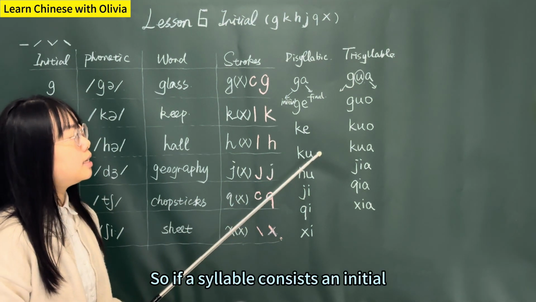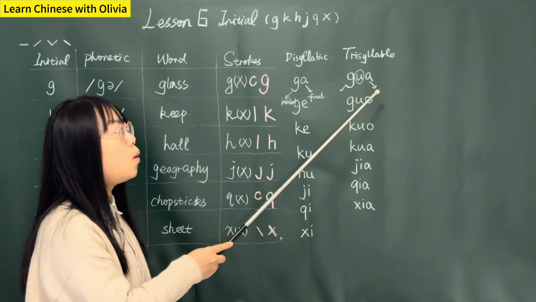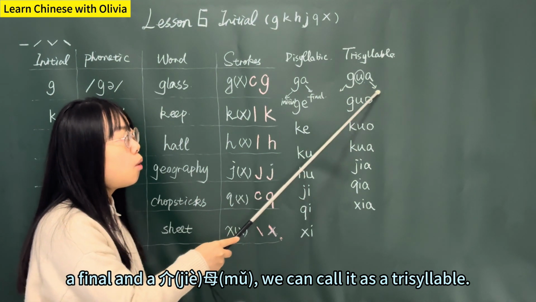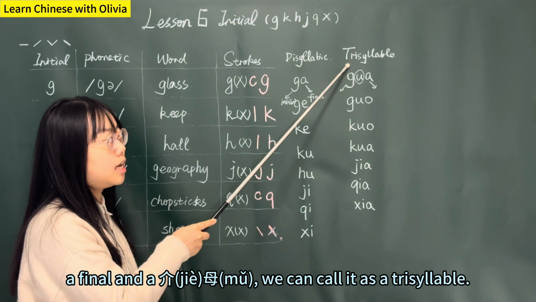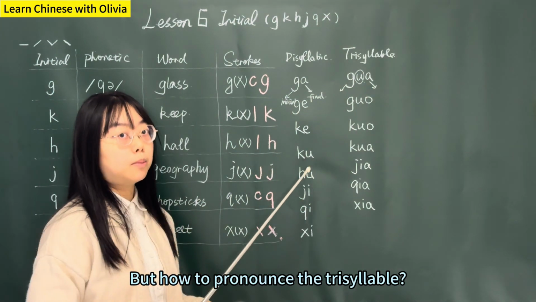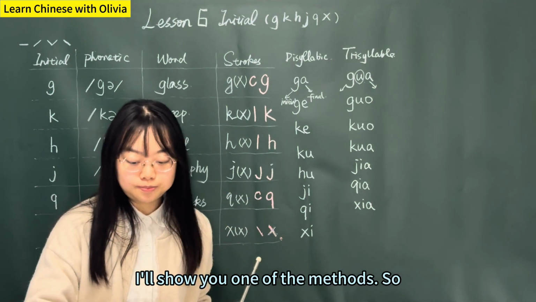So if a syllable consists an initial, a final, and a 介母, we can call it a trisyllable. But how to pronounce the trisyllable? I'll show you one of the methods.